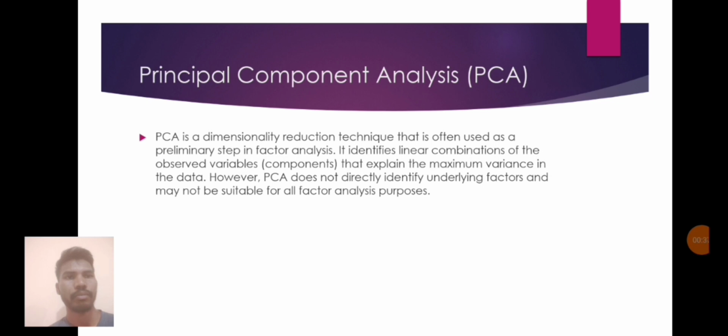It identifies linear combinations of the observed variables, called components, that explain the maximum variance in the data. However, PCA does not directly identify underlying factors and may not be suitable for all factor analysis purposes.